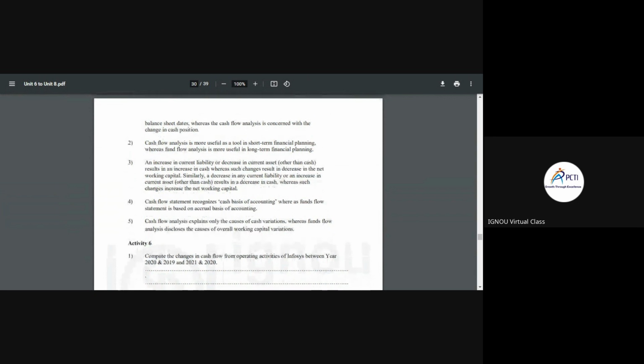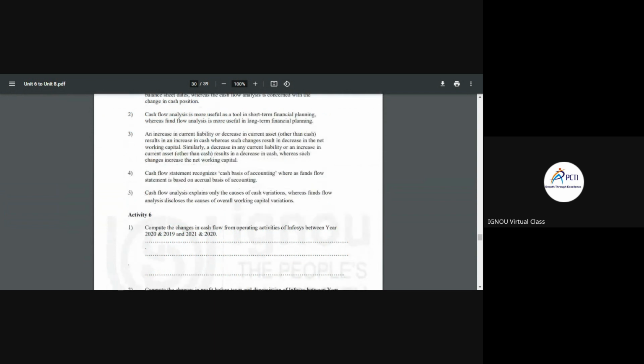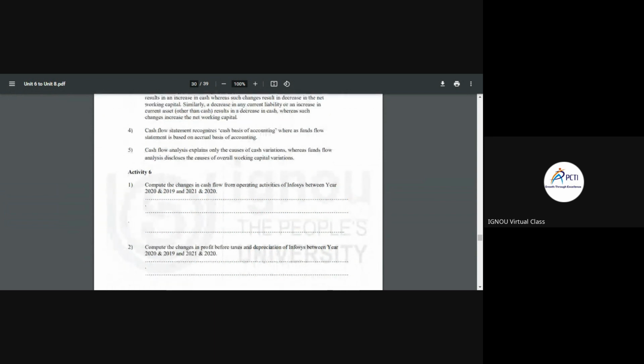An increase in current liability or decrease in current asset other than cash will result in an increase in cash, whereas such changes result in decrease in the net working capital. Similarly, a decrease in any current liability or an increase in current asset other than cash will result in a decrease in cash, whereas such changes increase the net working capital.